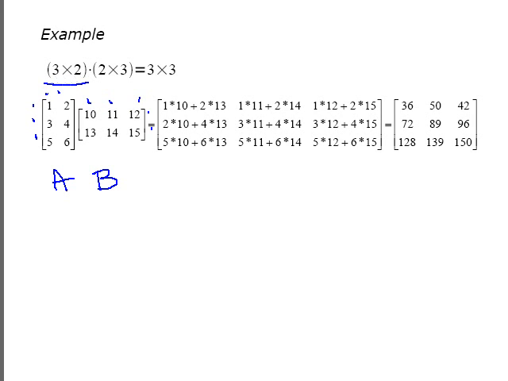So writing that out, I've got a 3 by 2 times a 2 by 3. These numbers are the same. I can carry out the multiplication, and the result will be a matrix with 3 rows and 3 columns. And if you look at the answer here, it is a 3 by 3 matrix.